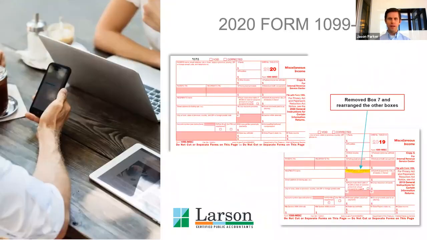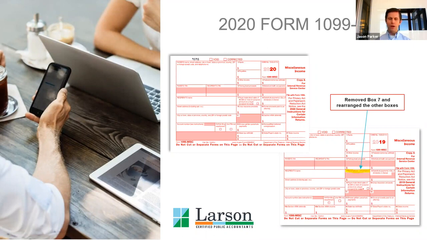So we saw a look at the Form 1099 NEC. Here we can see the 2019 Form 1099 MISC and the new Form 1099 MISC for 2020. The only difference is that the IRS took out Box 7, which was previously used to report non-employee compensation, and they rearranged some other boxes.